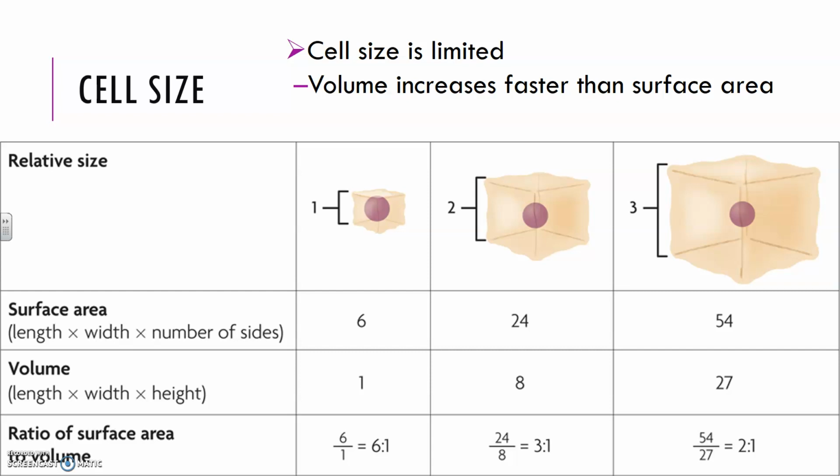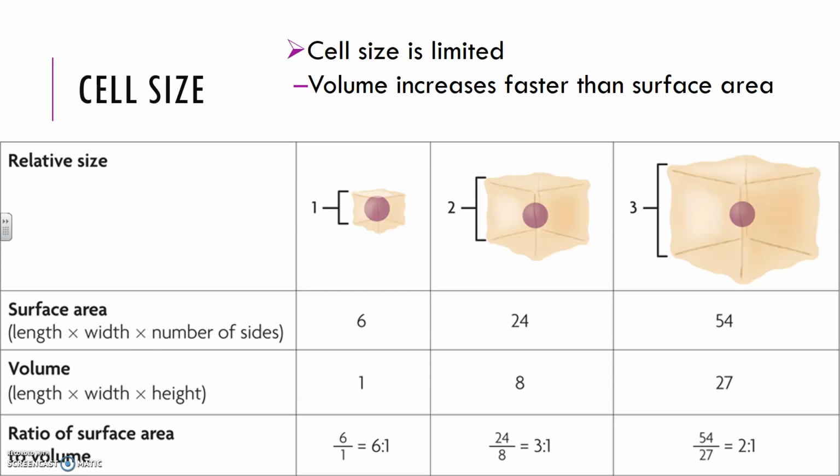If you use the surface area formula, which is length times width times the number of sides, you get that the surface area is 6. Okay, so that's basically taking the area of a square with sides of 1 unit and then multiplying that by the 6 sides of a cube. So you get 6 square units.